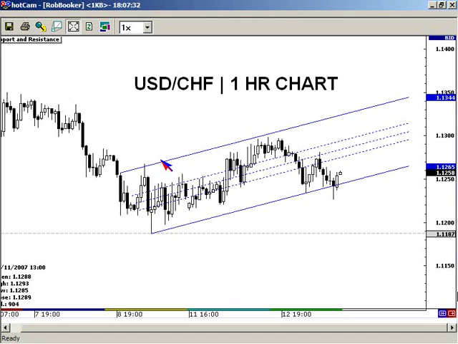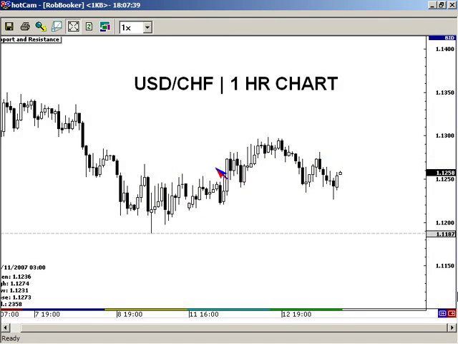What I did here to draw the channel, and I'm going to erase it and redraw it from scratch, was I looked at these places where the currency pair seemed to pause on the way up. And I simply drew a trend line across the tops of those candles. Now, Dave, do I have to draw it in exactly one specific place?